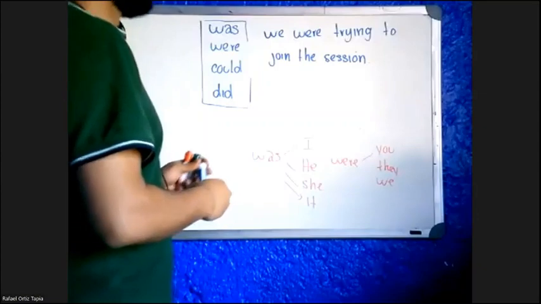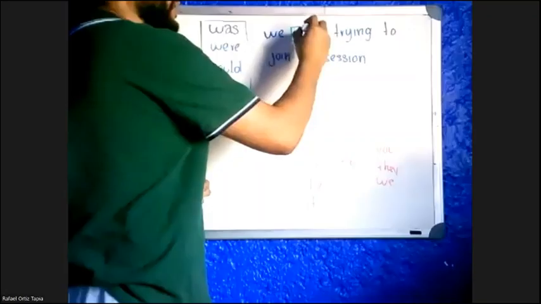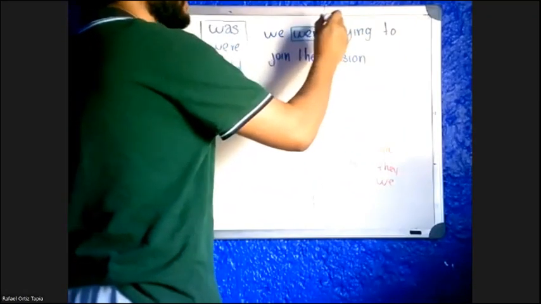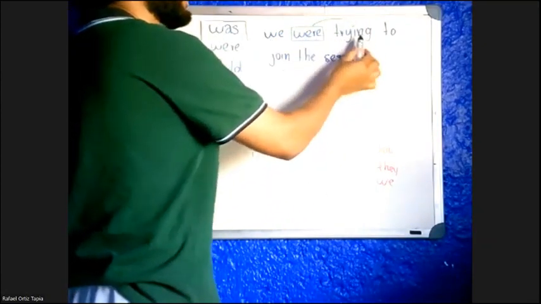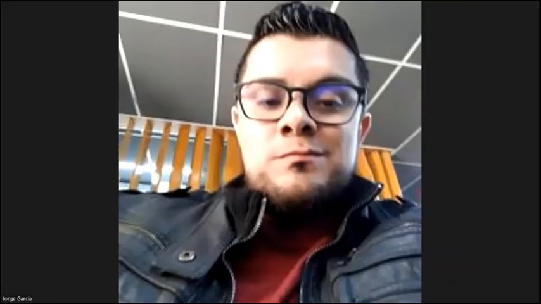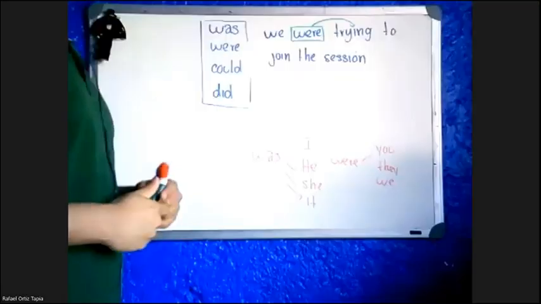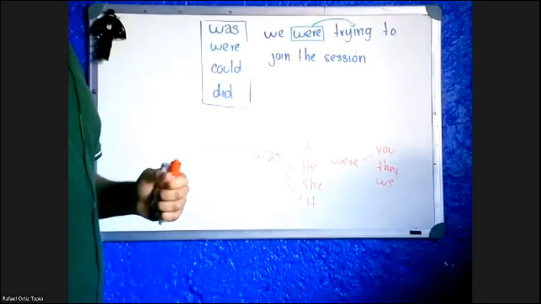Nosotros estábamos tratando de entrar a la sesión o unirnos a la sesión, mejor dicho. Estábamos. So remember, when you have were, and then you have another verb, you need to put that verb in the ing form, right? So we were trying. Nosotros estábamos intentando. Es algo inmediato, ¿no? Algo que estaba ocurriendo en el pasado, que estaba en progreso.